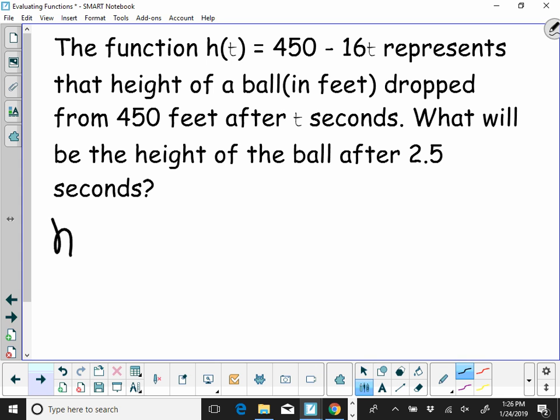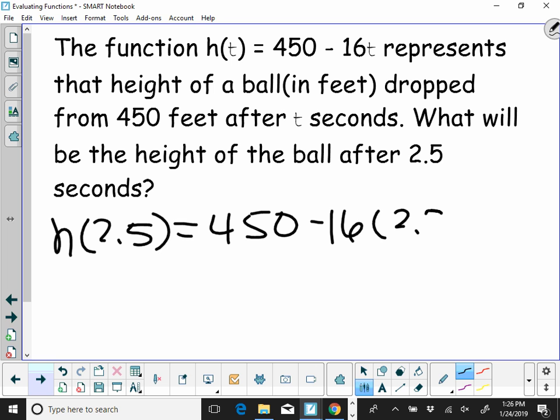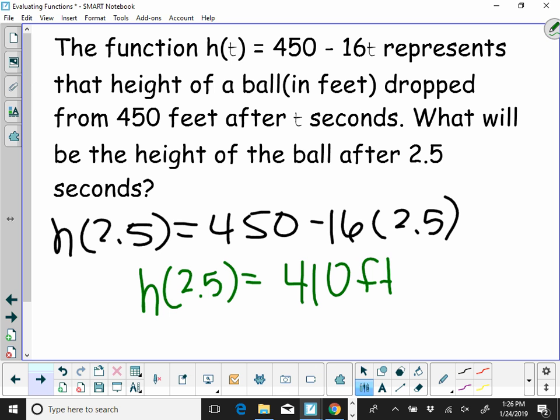T. So the height of the ball after 2.5 seconds is going to equal 450 minus 16 times 2.5. 32 plus 8, 40, 410. seconds is 410 feet.